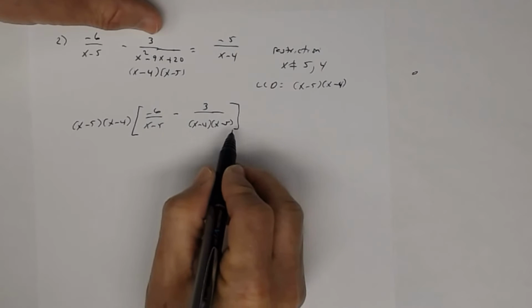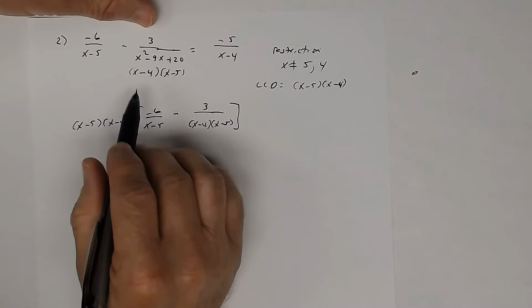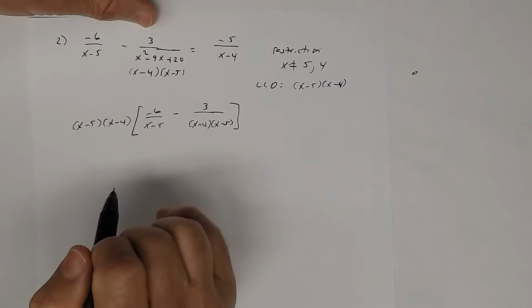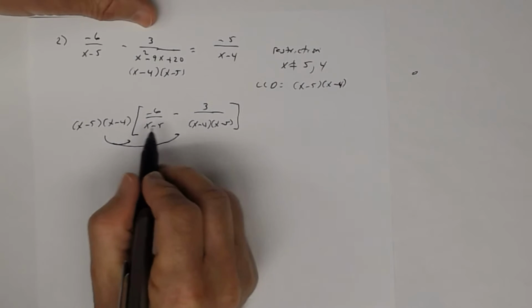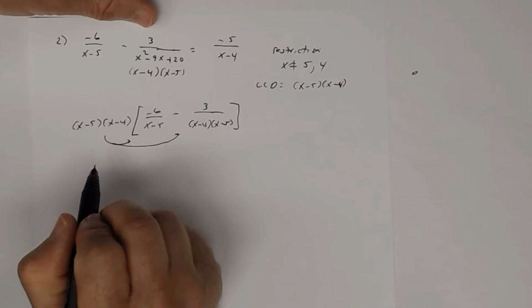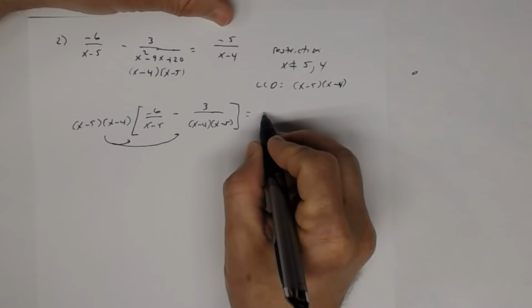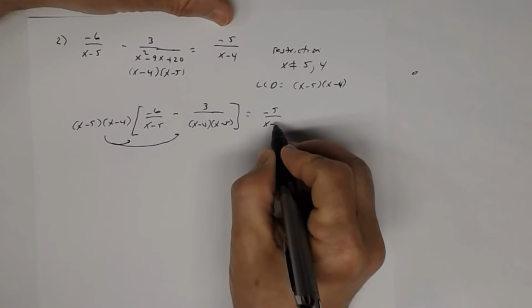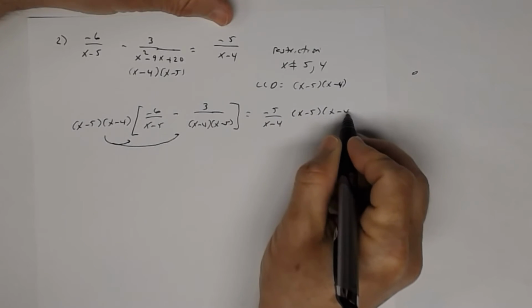And notice again, I'm using a grouping symbol because I have two fractions on this side, and both of those have to be multiplied by the LCD. So when you distribute, this is being multiplied by the LCD and this is being multiplied by the LCD. I don't need it here because that's only one fraction, so I'm just going to write this as negative 5 divided by x minus 4 times x minus 5 times x minus 4.